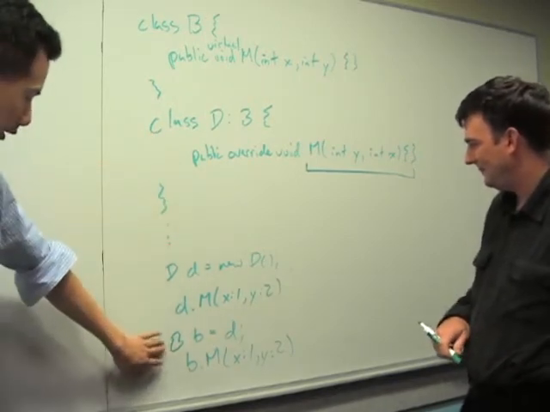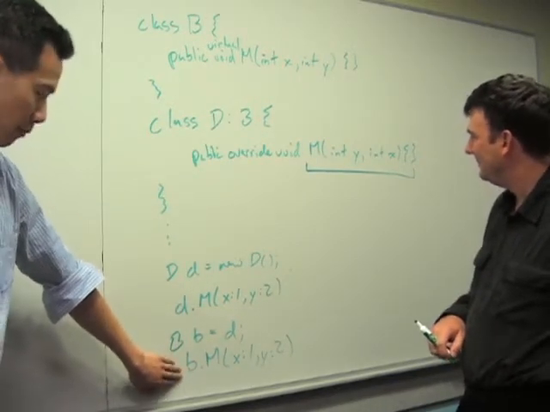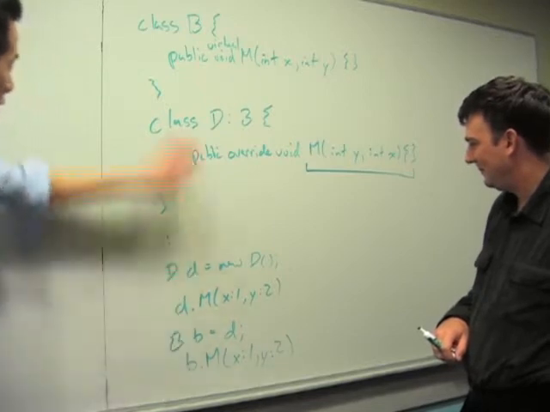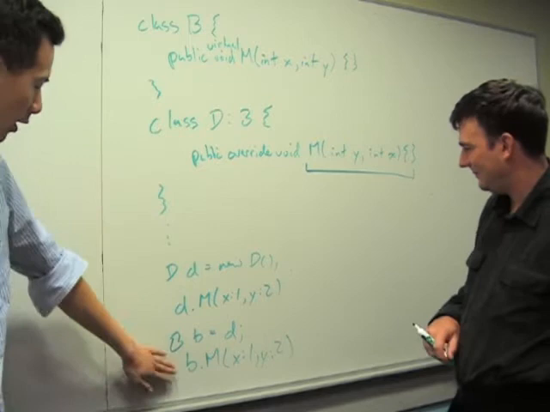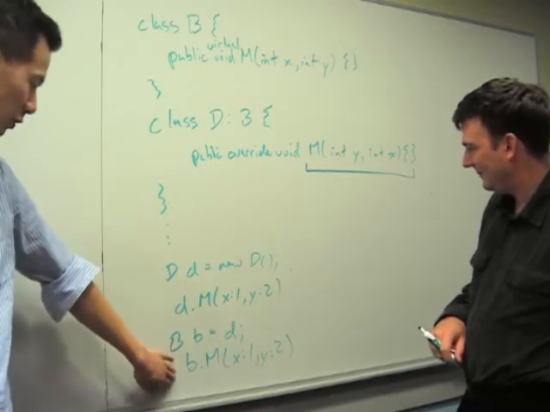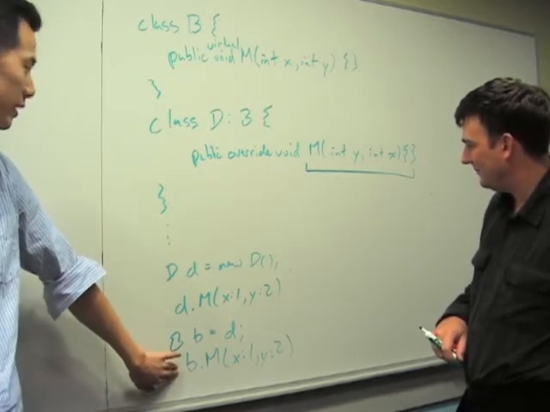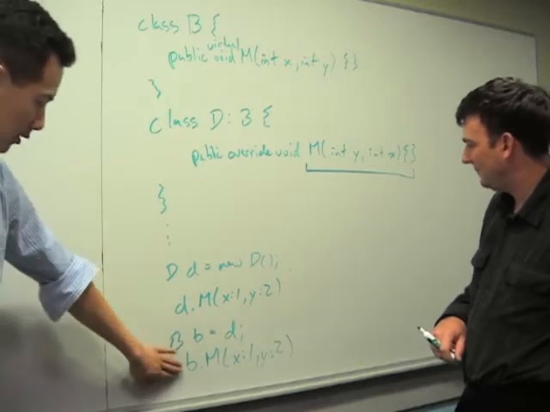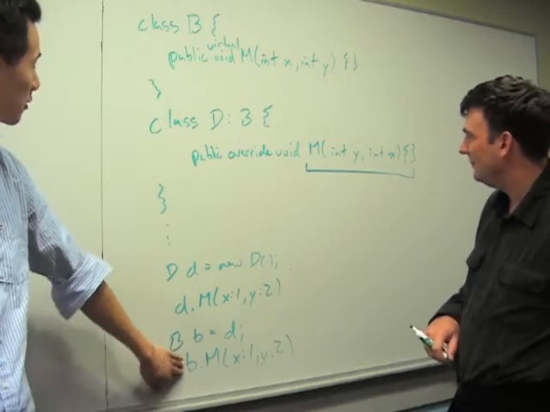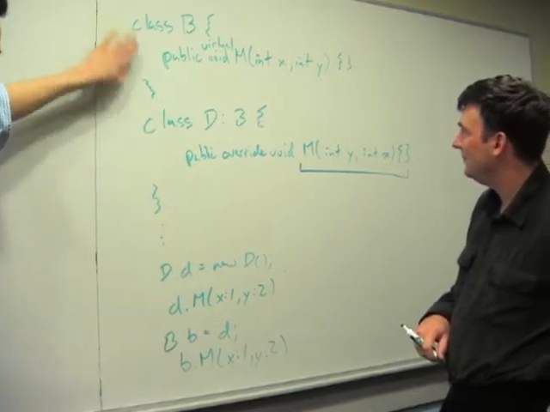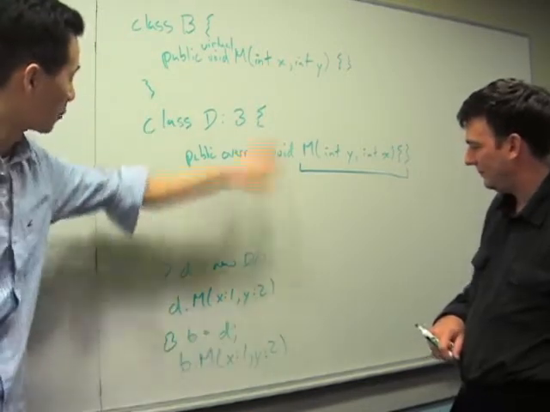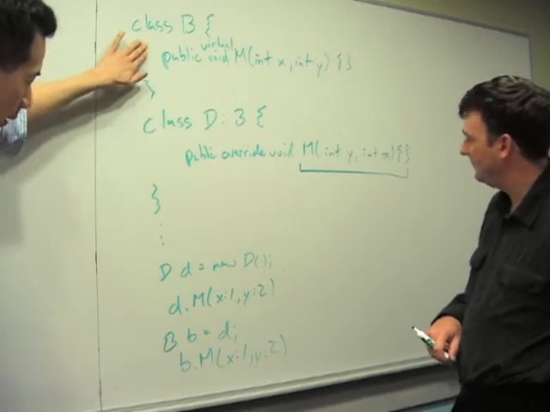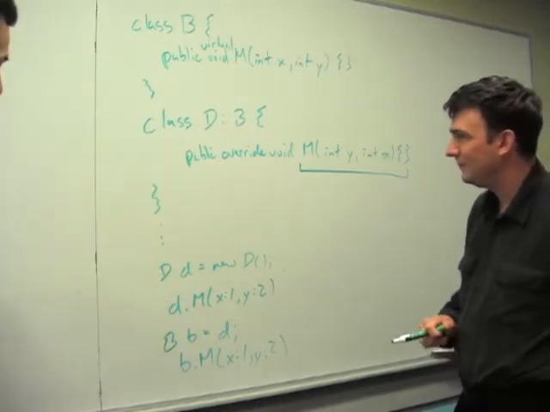In the second example, the compiler only knows that it's a base class, and so we can find this m, but not this one. And like Eric said, there's no way that the compiler will know that at runtime, this local variable b is actually of type D. And so the compiler says, okay, all I know is that it's of type B, and so I know that b has an overload for m, and it takes the names from this overload of m and is able to resolve them as we expect.